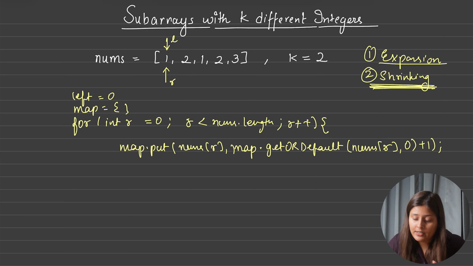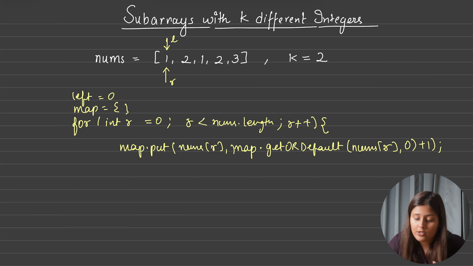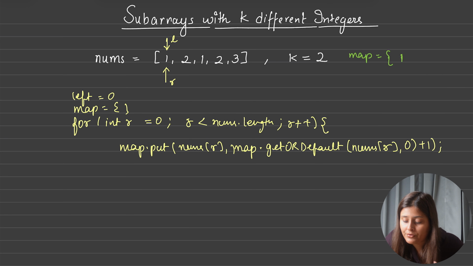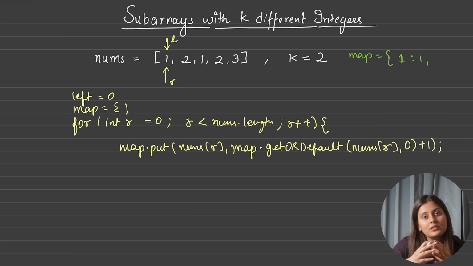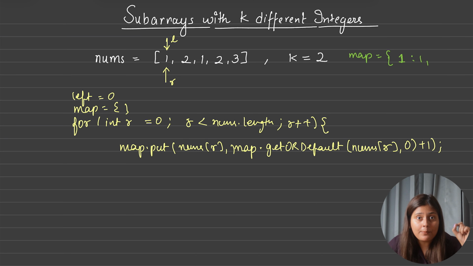So suppose this is my map, and inside the map I have the first element with frequency 1. Now I have to check if this is greater than k, because sliding window by default works for at most k. At most means less than or equal to k. If you remember the code for fruits into baskets, there also we did the same logic: we keep on adding all the fruits until our condition fails. And what is the condition? Greater than k.